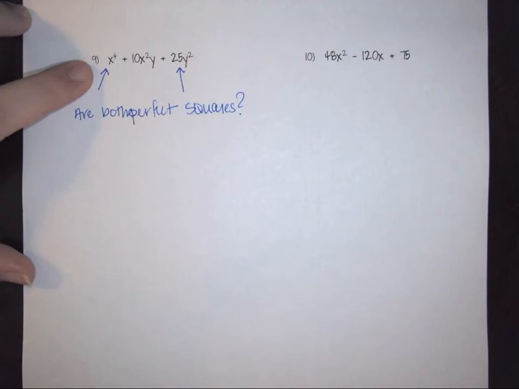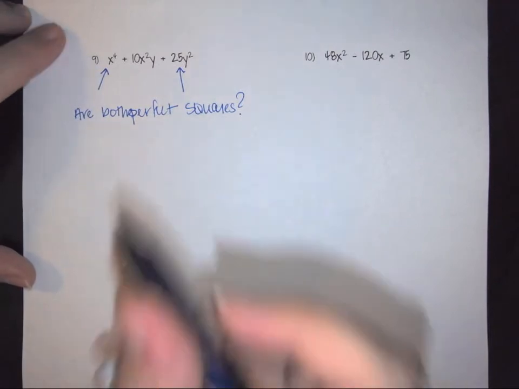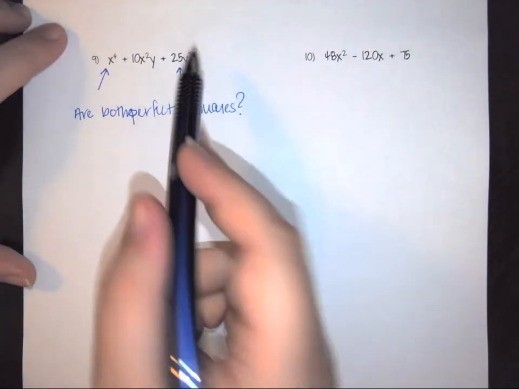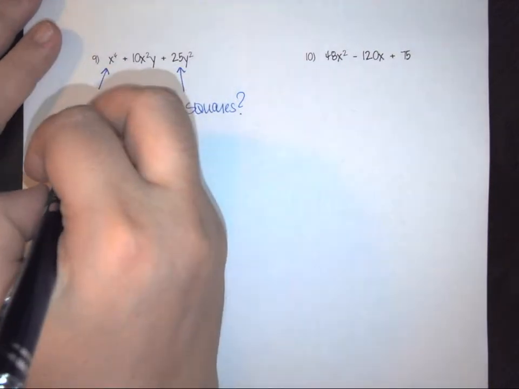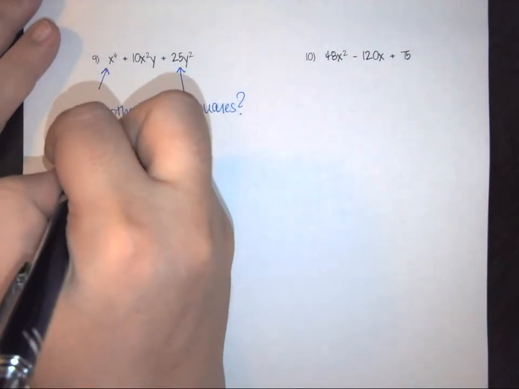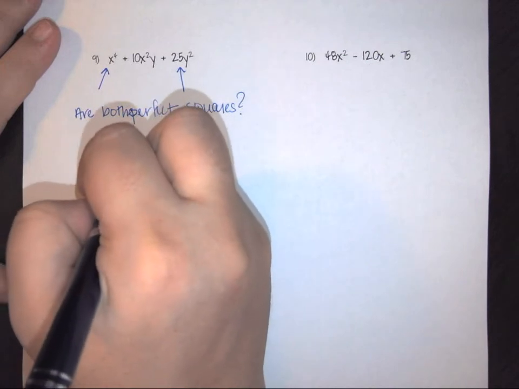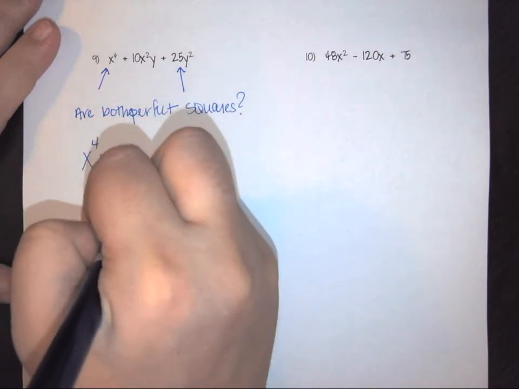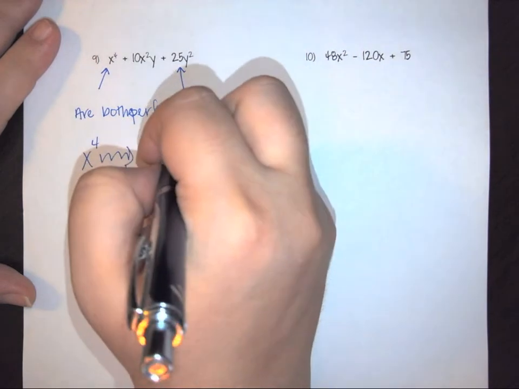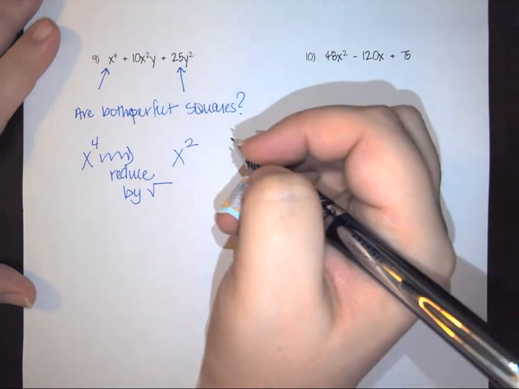I have x to the 4th, which we know can reduce down, and I have 25y squared, which also can reduce down. So here, my x to the 4th, when I reduce by taking the square root, I end up with x squared.